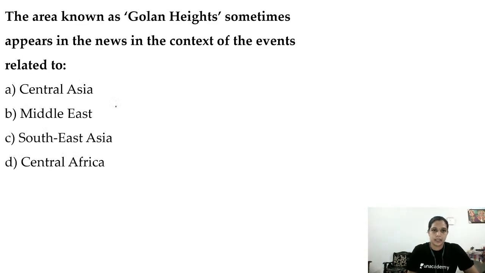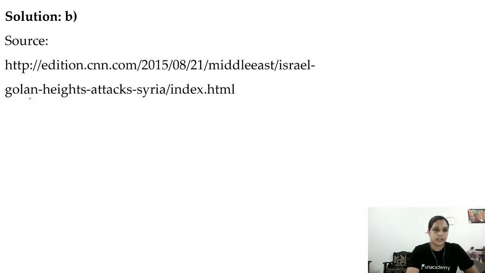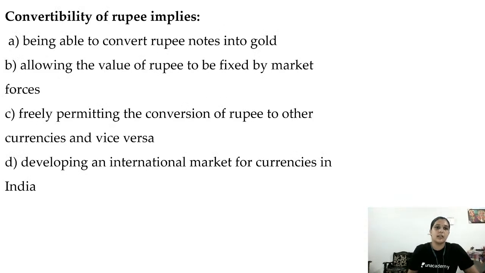Golan Heights is sometimes seen in the news and is related to the Middle East. So it's again current affairs. Golan Heights attack in Syria. So it's related to Syria.